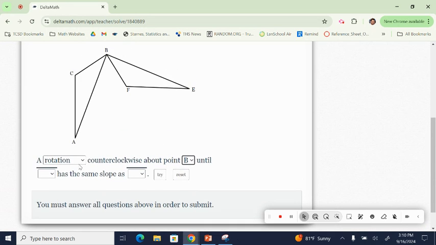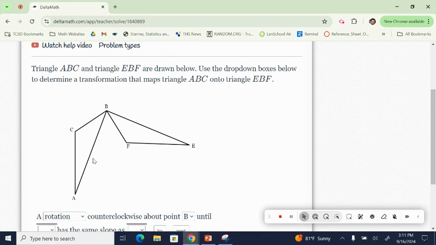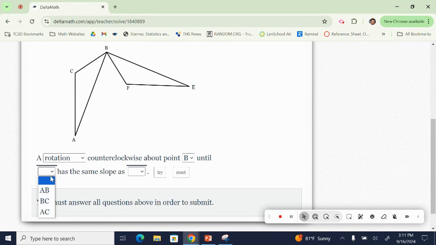And now what they're saying is until some segment has the same slope as some segment. This is just correspondence, right? If you look at, say, let's go AC. If you look at AC, when I rotate AC around, AC has to line up with EF. So we need to make sure that the slope of AC will be the same as the slope of EF.